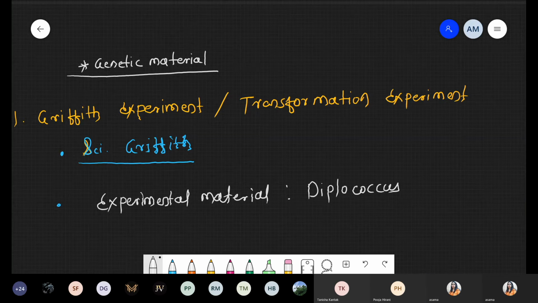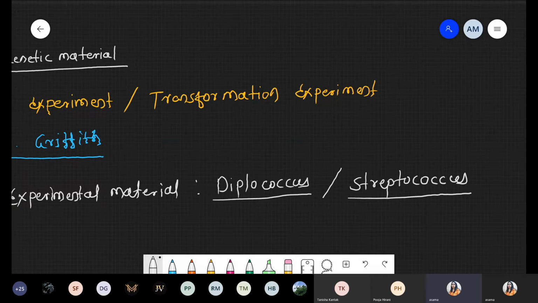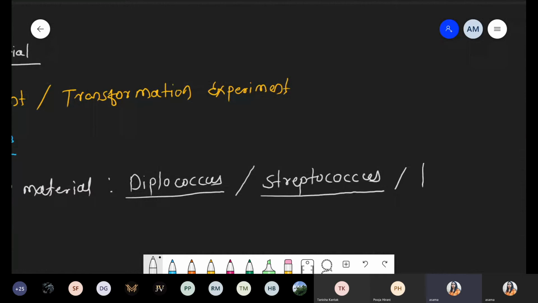This bacterium is also called Streptococcus, and it is also called pneumococcus, which causes pneumonia.